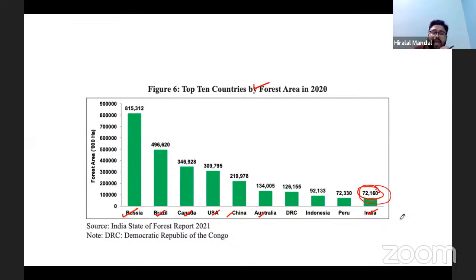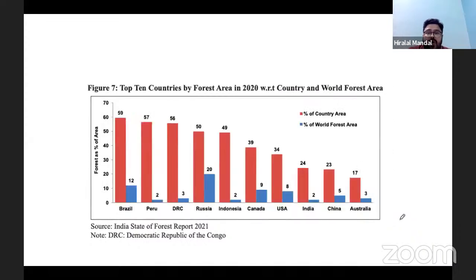And that is in absolute form. Now, if you look at percentage form, okay, here the data is given. It is important to look at how much of the country's area is covered under forest.